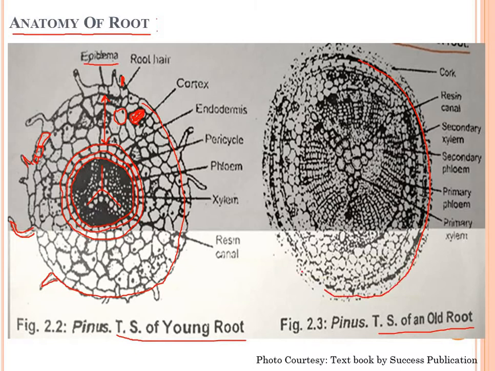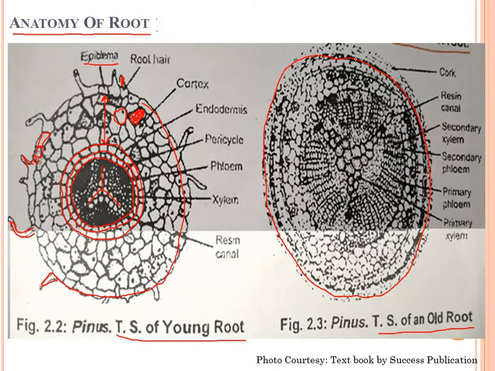See, this is the cork, and epidermis is actually replaced by these cork cells, and this cork is developed due to the cork cambium. Cambium is the tissue having meristematic activity, therefore it adds some cells at the outer side of cortex, and it generally forms the cork.